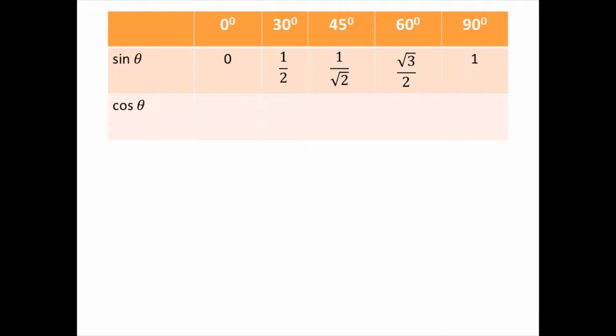So cos 0 becomes 1. Next what is the next reverse value? That is root 3 by 2. So we'll write the next value as root 3 by 2. That is the cos 30 value.